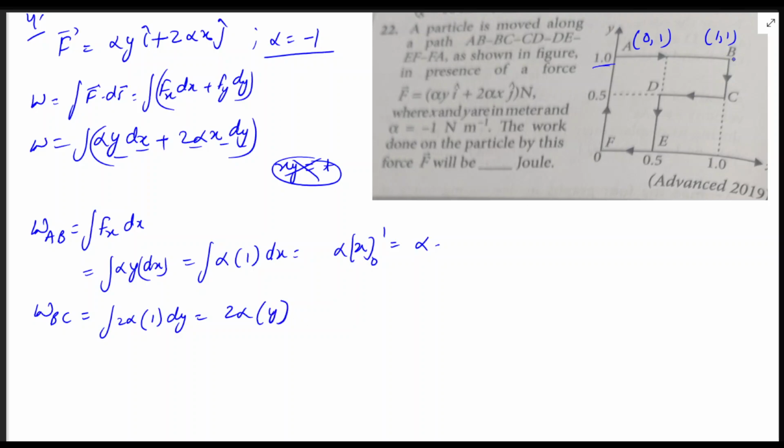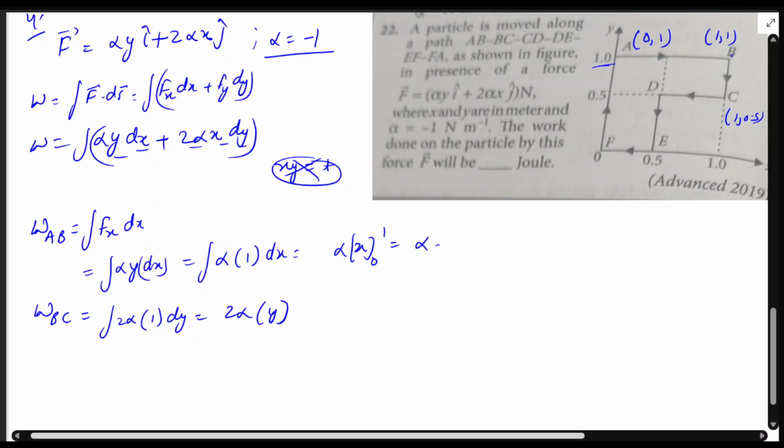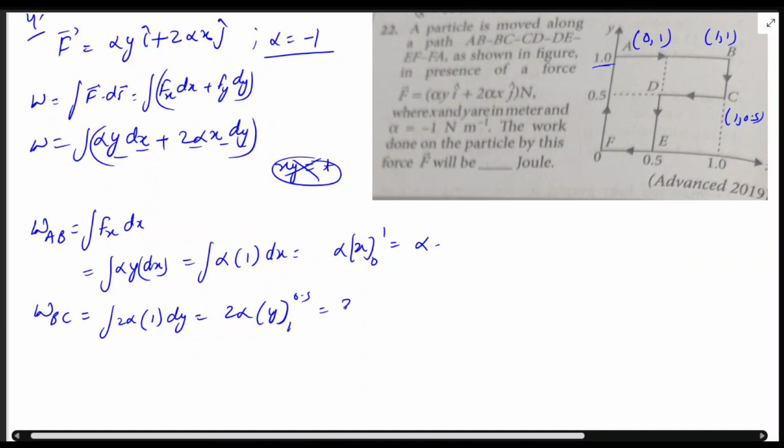And y is changing from this point, we can write it as 1 comma 0.5, so y is changing from 1 to 0.5. So it will be minus, right? So this will be 2 alpha minus 0.5 and this will get cancelled. It will be minus alpha.